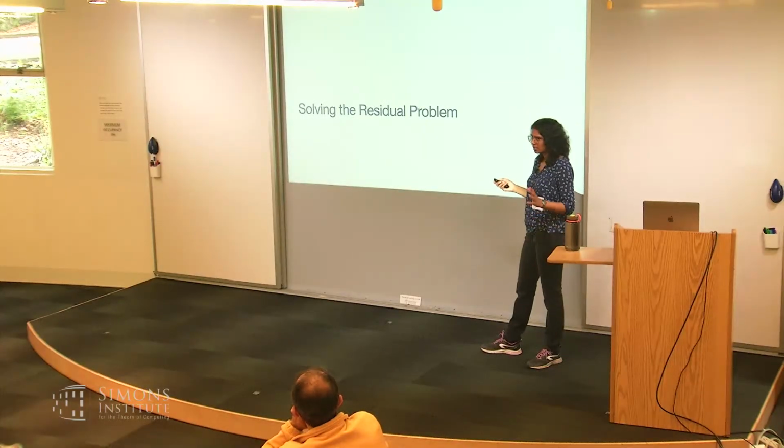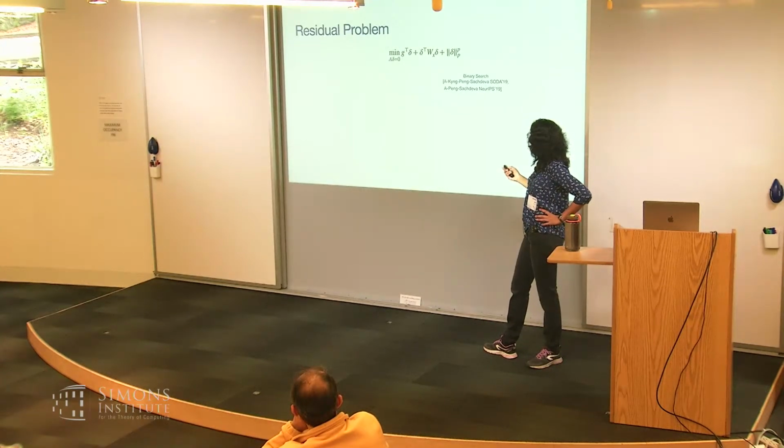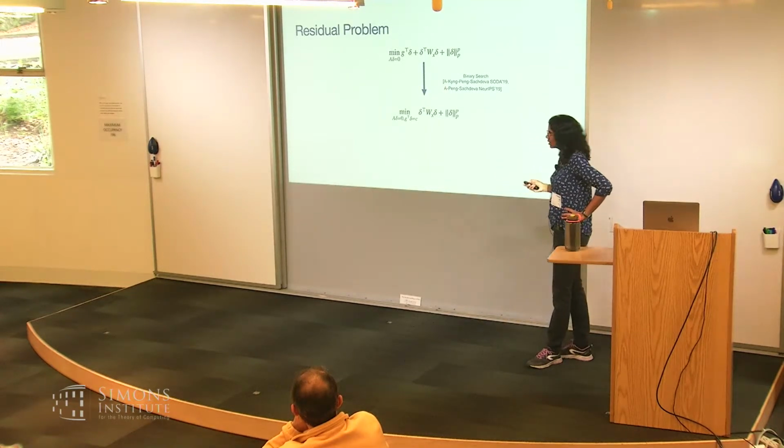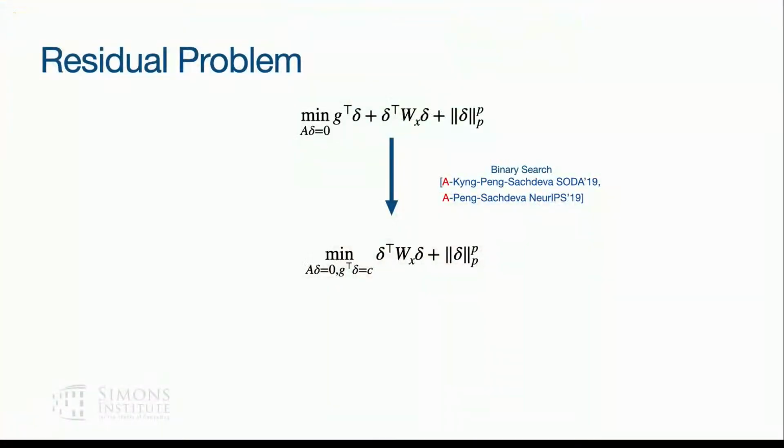Okay, so now let's see how we actually solve the residual problem. You have a linear, quadratic and p term. The first thing we can do is a binary search over the linear term. So we could convert this to just minimizing under some linear constraints. You have a quadratic and a p to the p term.